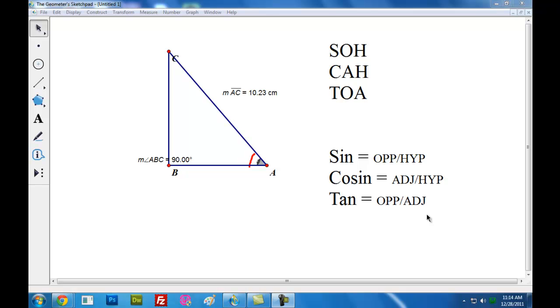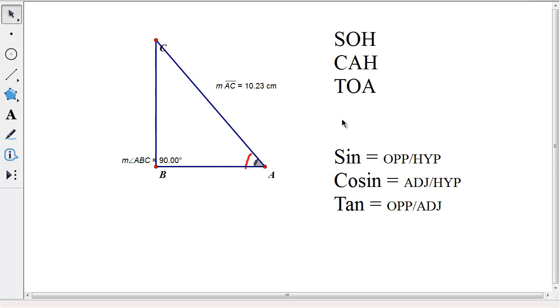The first thing we're going to talk about is SOHCAHTOA. SOHCAHTOA is used on right triangles for finding the sides of a triangle when all you know is one side, for example, the hypotenuse, and you know another angle that's not the right angle, for example, angle A. SOHCAHTOA means this below.